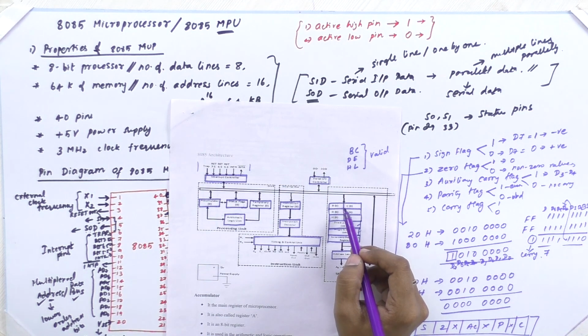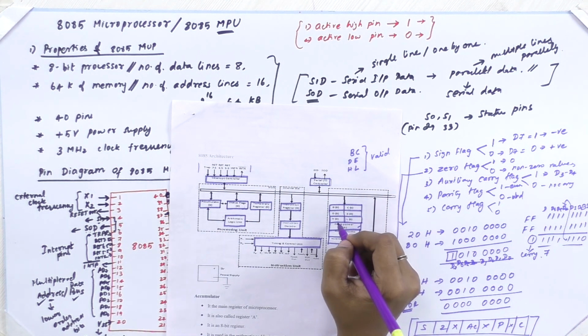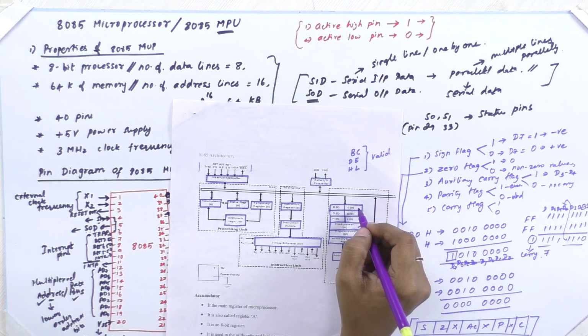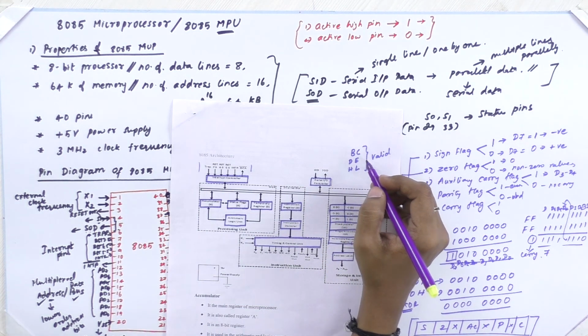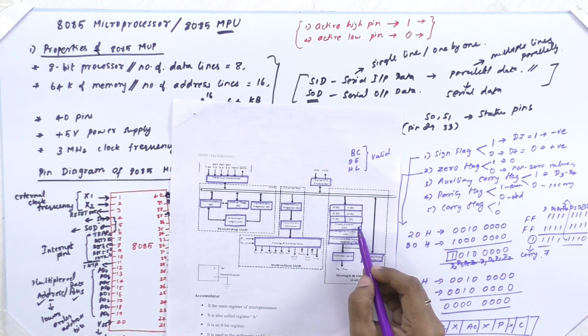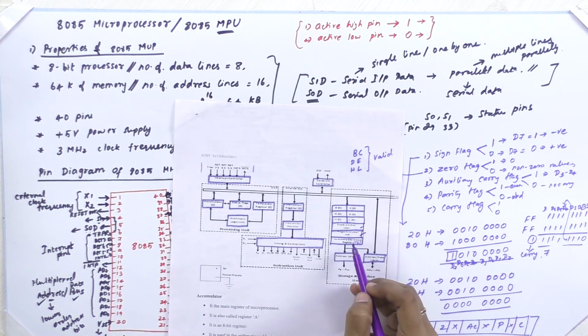Whenever the processor wants to manipulate 16-bit data, these registers can be grouped as register pairs, and the valid pairs are BC, DE, HL. The stack pointer is used to store the address of the top element present in the stack, and the program counter is used to store the address of the next instruction to be executed by the processor.